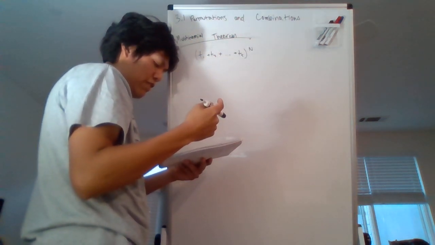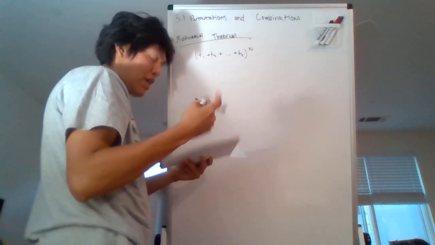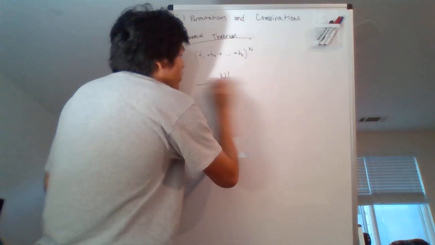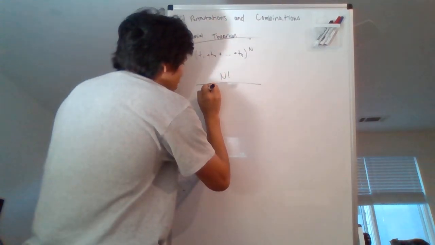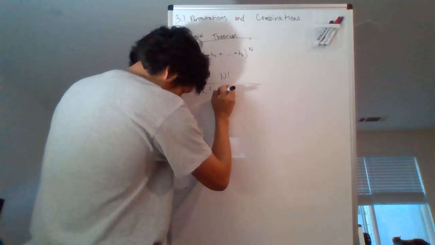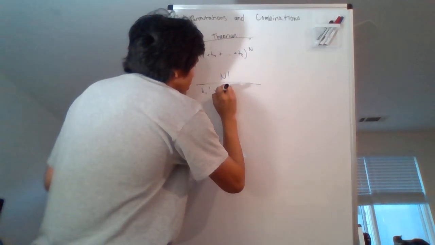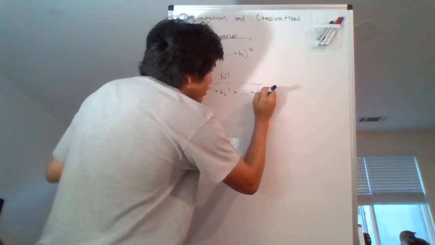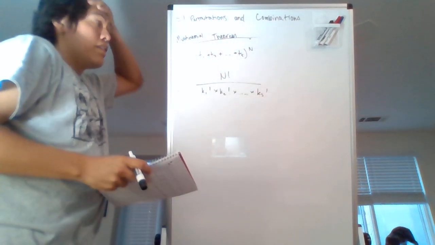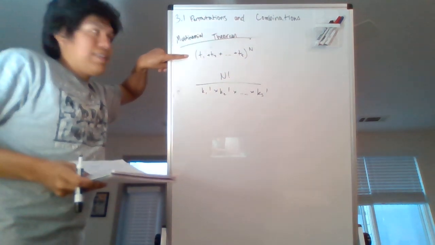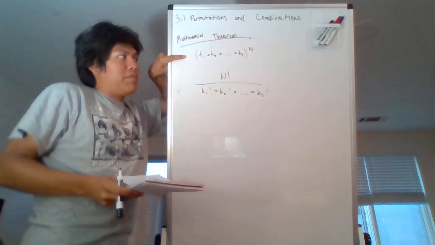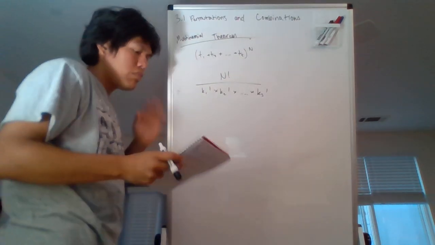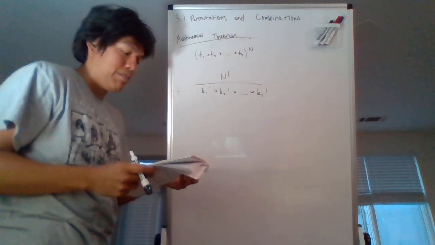Then the coefficient of any one of the terms will be equal to n factorial over k sub 1 factorial times k sub 2 factorial times, all the way to k sub s factorial. You'll notice this looks like that x plus y to the fourth. And if we want to find the coefficient of any one of those terms, we're basically going to use this formula right here.